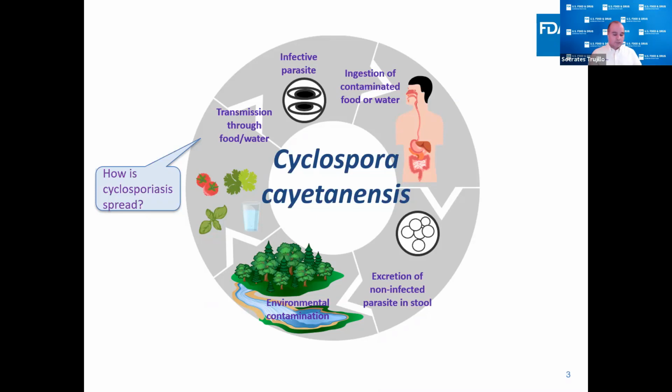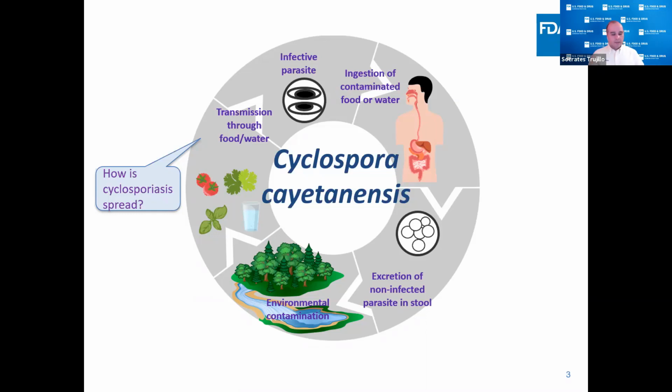One of the biggest questions that we have is about when this organism becomes infective, as it is shed by the humans who consume it. The data that we have is that this organism takes 7 to 10 days in the environment, at temperatures around 75 degrees Fahrenheit, to become infective and produce the disease in humans.